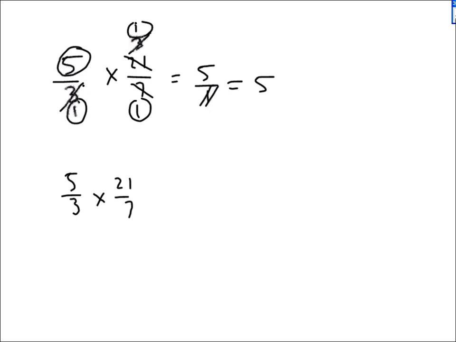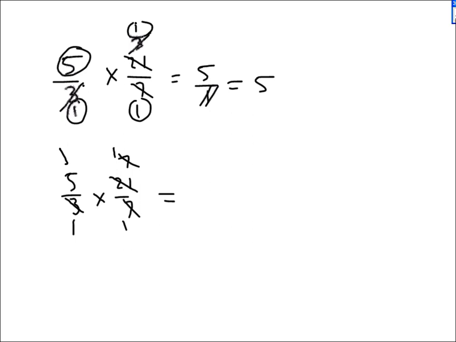Okay, let's do it again. Instead of saying that 7 goes into 7 and 21, we can say 3 goes into both of those numbers, 1 time and 7 times. With respect to the remaining numbers, 7 goes into both of them, 1 time and 1 time.